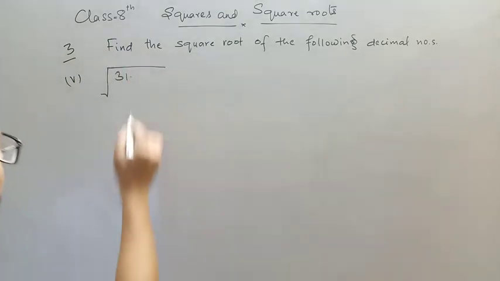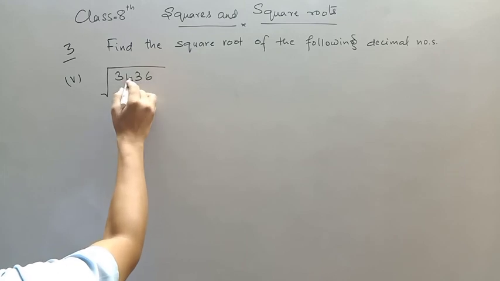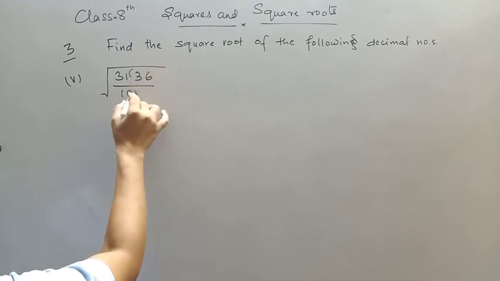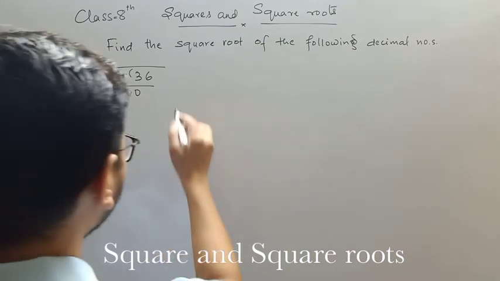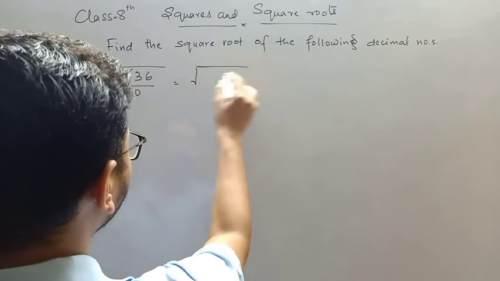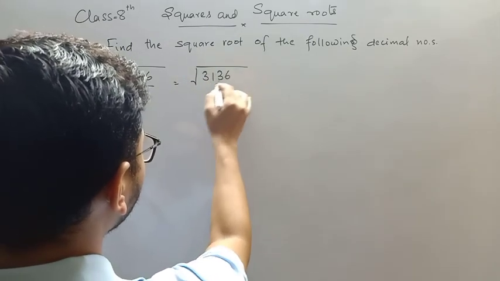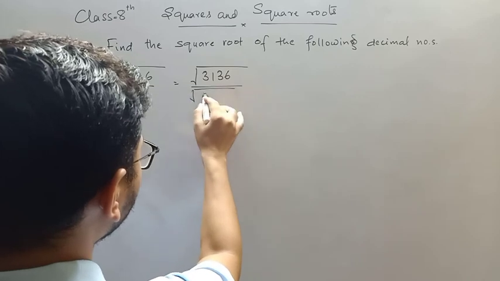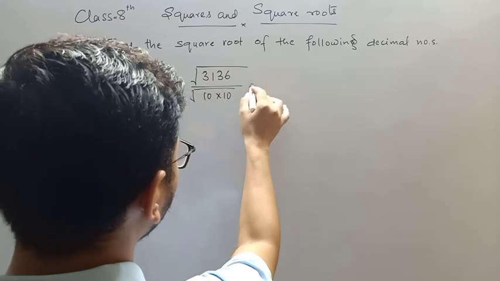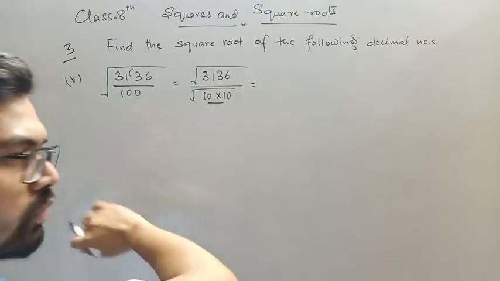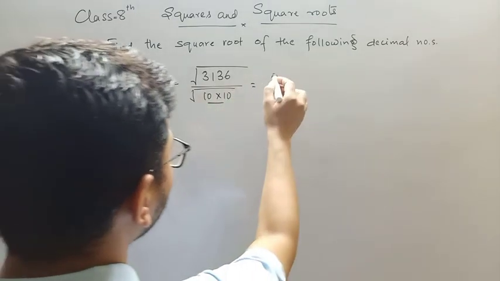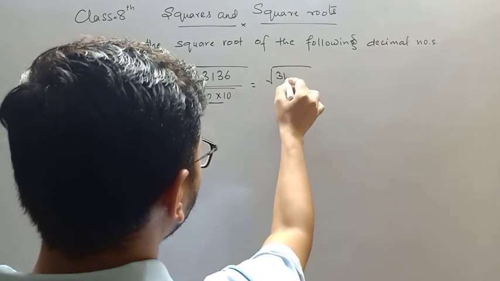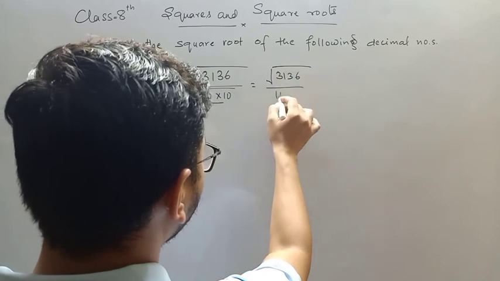So when you remove the decimal you will get 100 in the denominator. 100 can be written as 10 into 10. Take 10 out from this pair, from this square root, and you will get the square root of 3136 divided by 10.